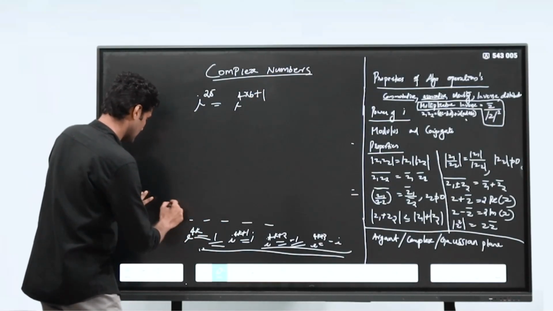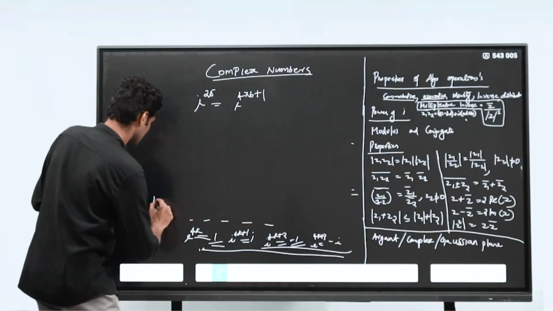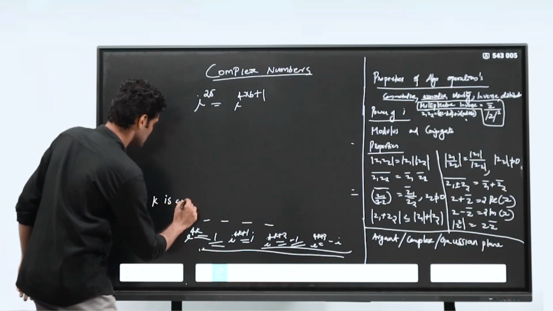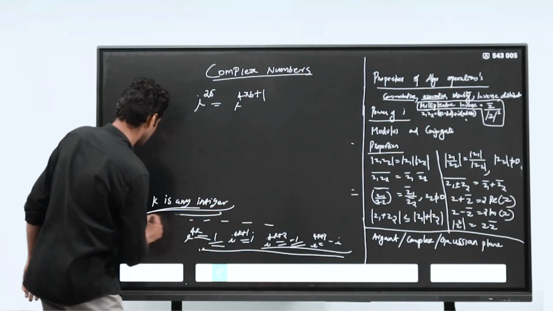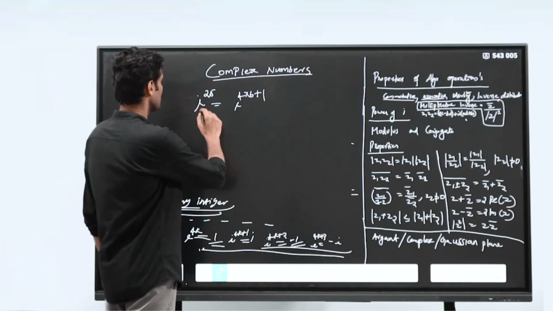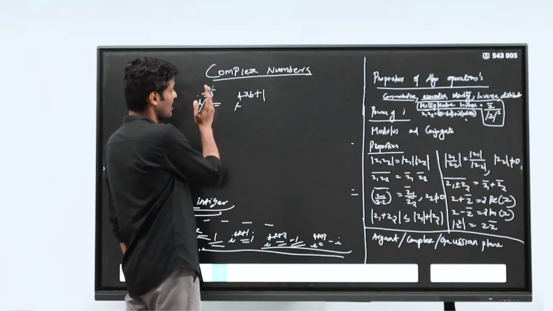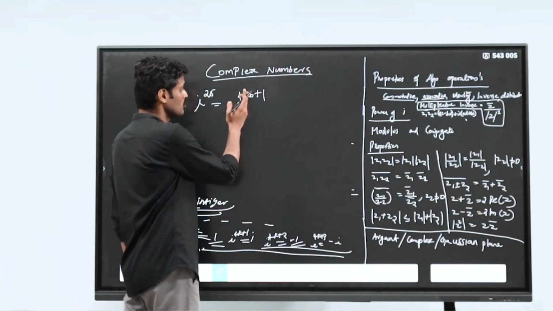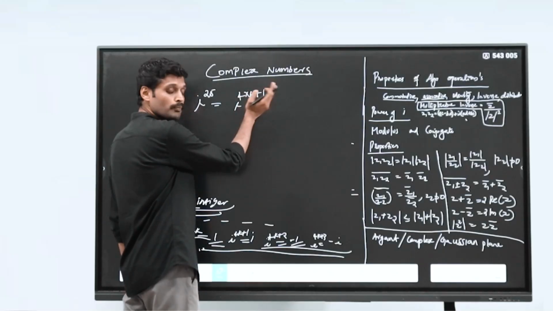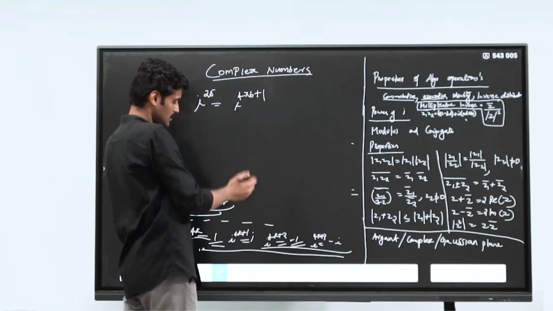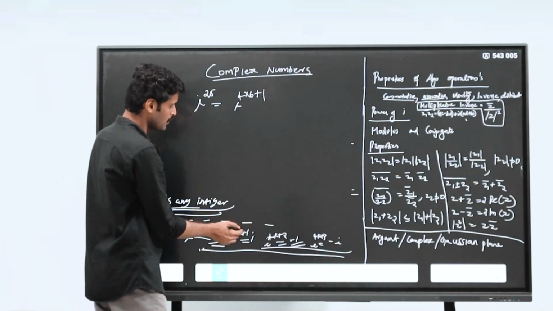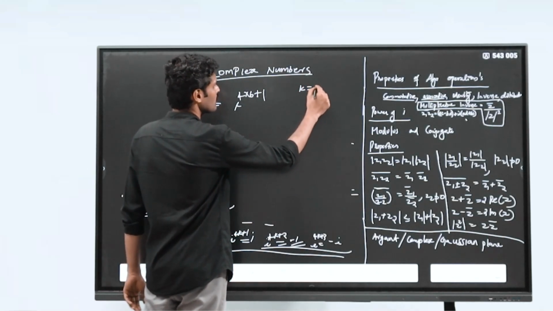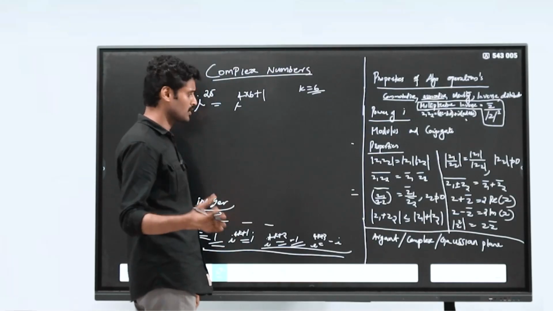Sorry, I didn't indicate what k is here. K is any integer. So here we can represent I raised to 25 as I raised to 4 into 6 plus 1, just like 4k plus 1. Here k is equal to 6.